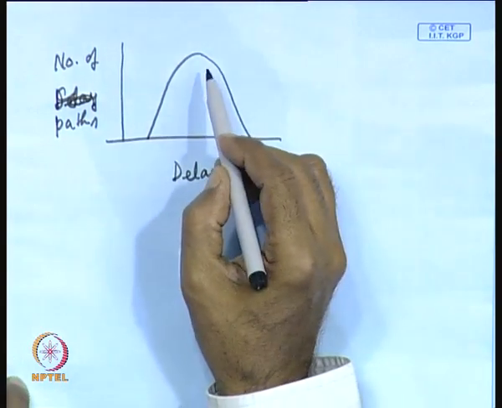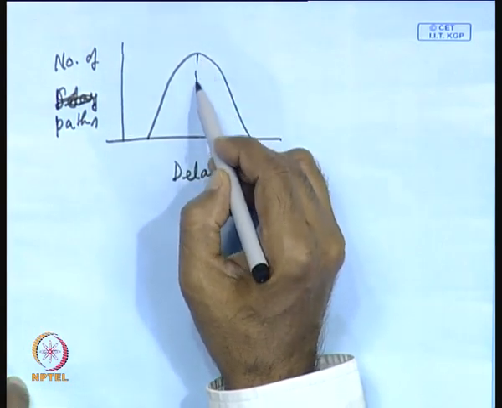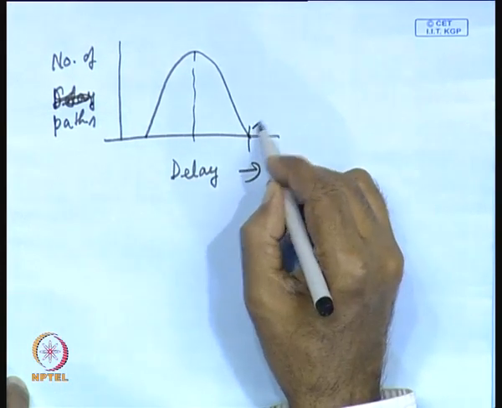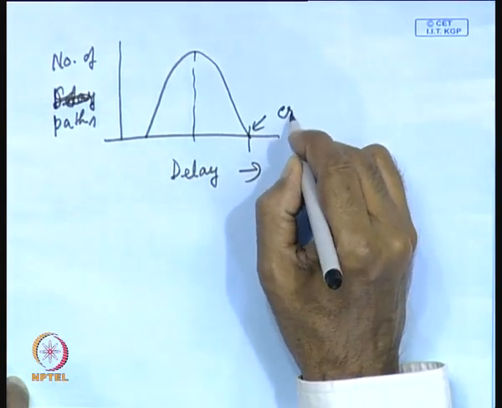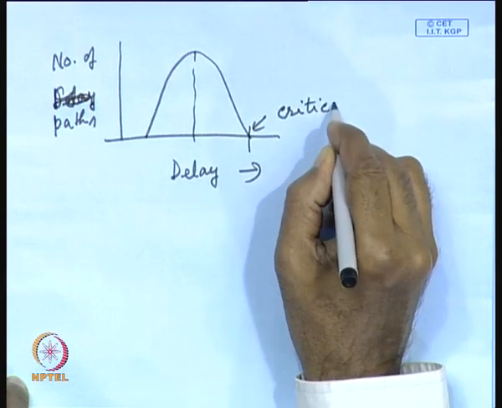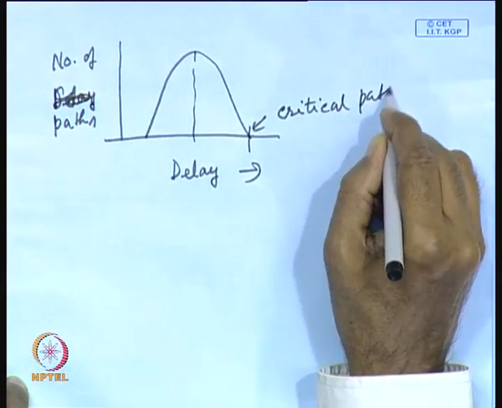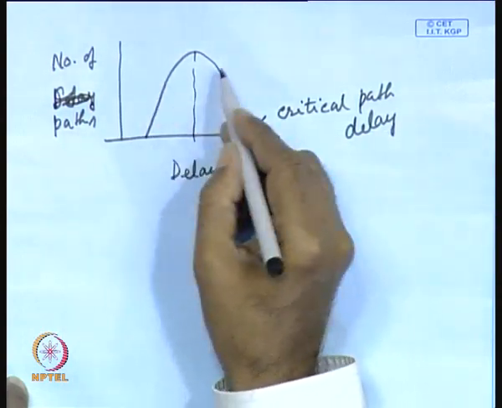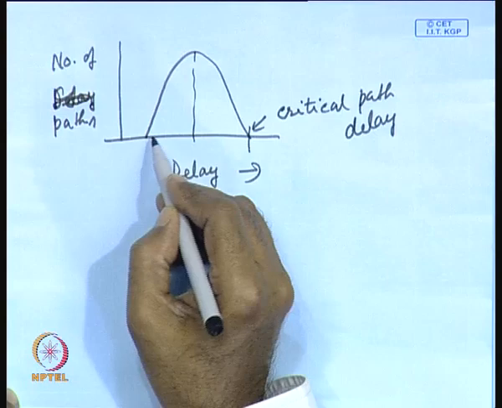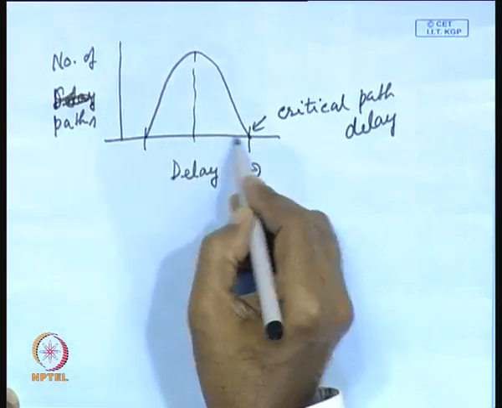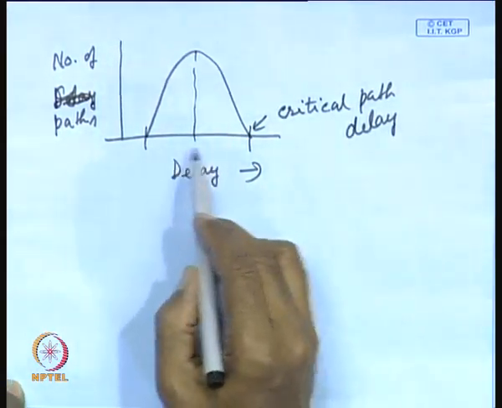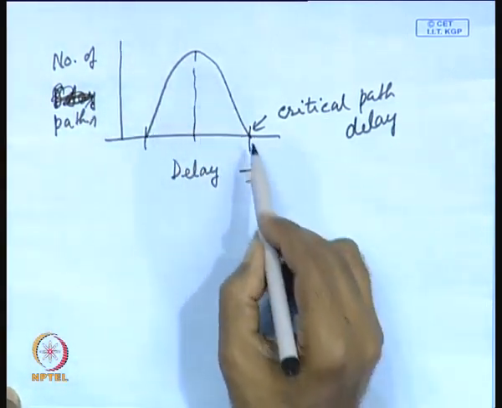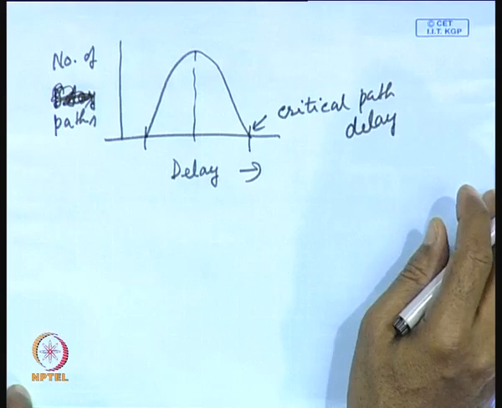That means, the number of paths is large in the middle. This is the critical path delay, and there are many other paths which will have smaller and smaller delay, and delay will vary over a range. So, this is the normal distribution of delays on different paths in a complex circuit.